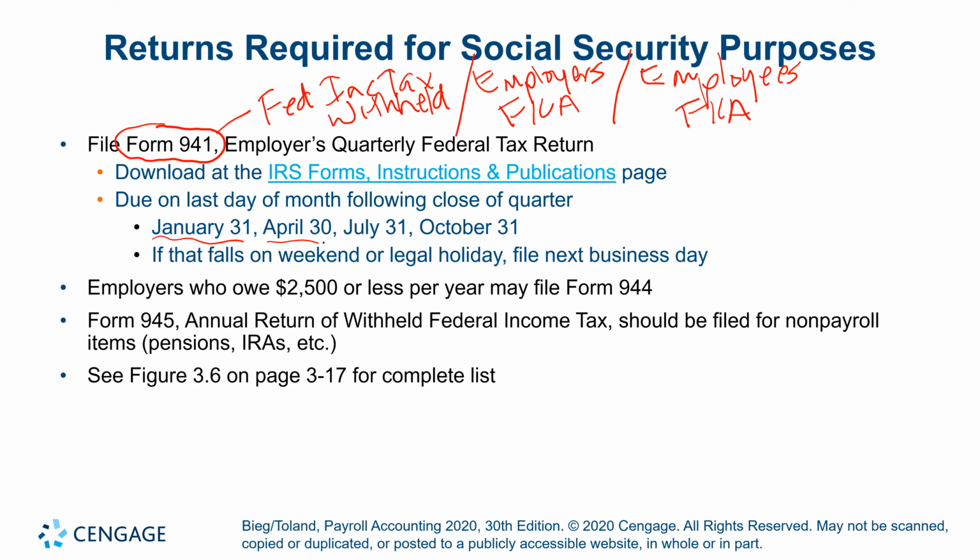Again, it shows on page 17 a list of these different forms. When we talk about the form 941, that's kind of the parent form. But then there's also the 941 PR, which is required of employers for workers in Puerto Rico, or the form 941 SS, which is required of employers paying Social Security taxes on workers in Samoa, Guam, the Northern Mariana Islands, and the Virgin Islands.